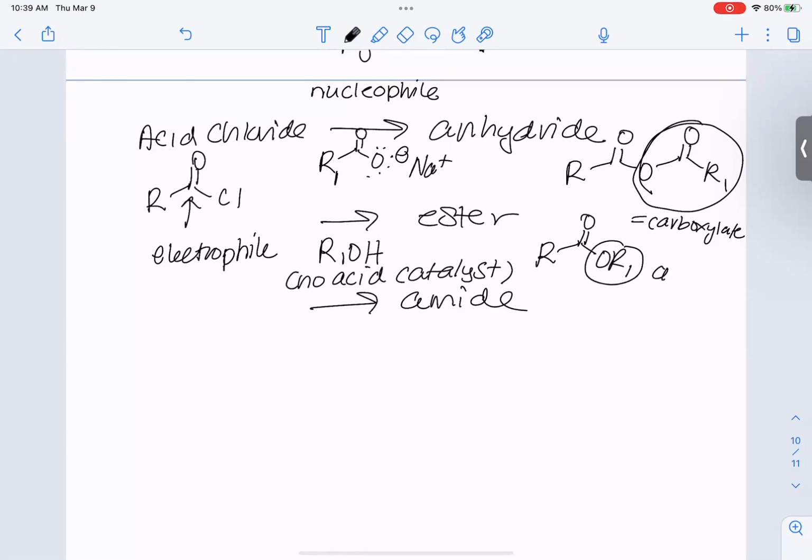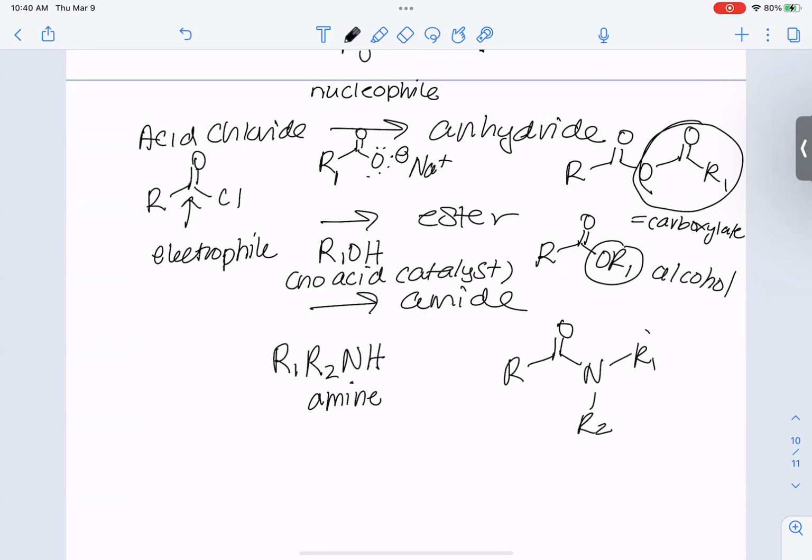Again, that came from the alcohol. For an amide, you just need an amine. And that came from the amine.